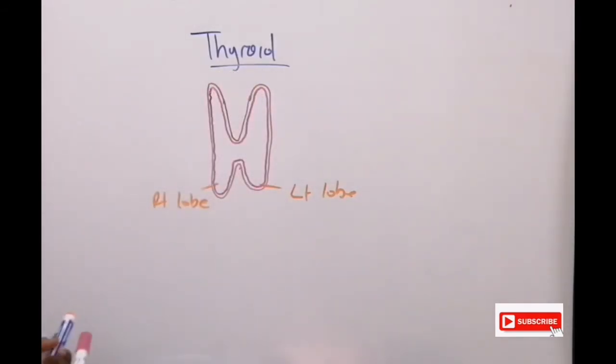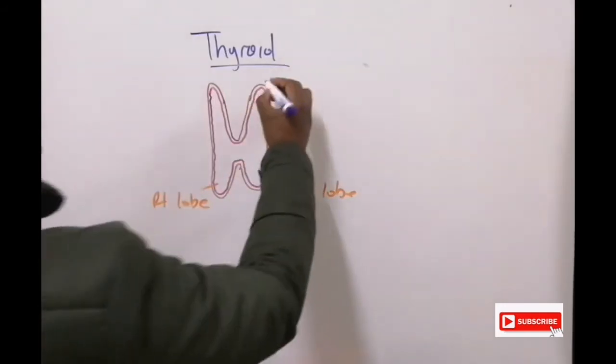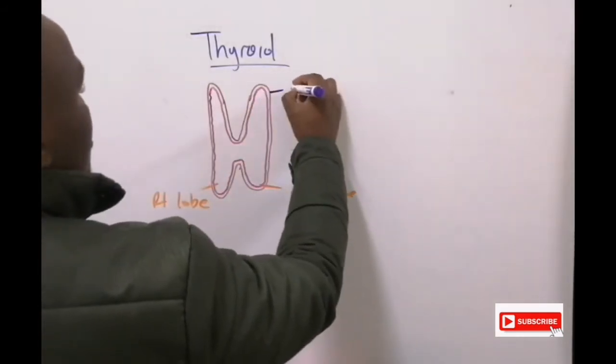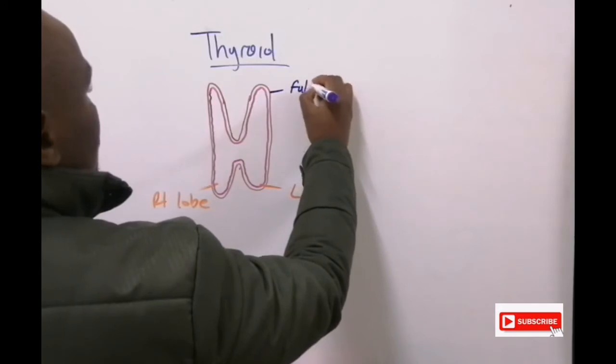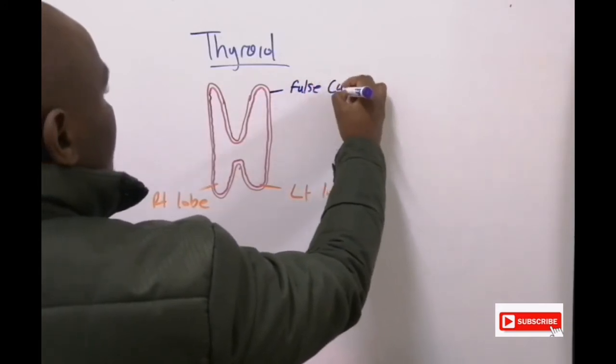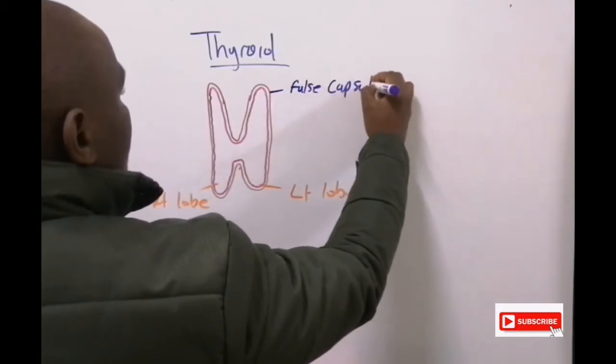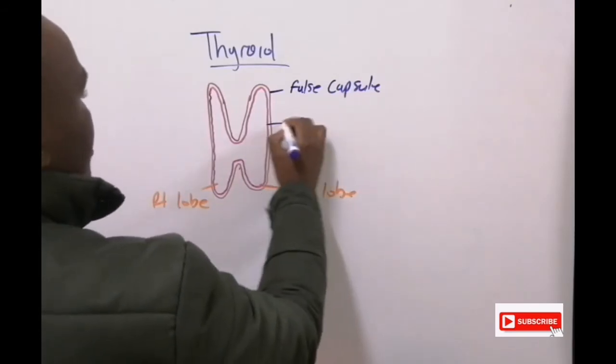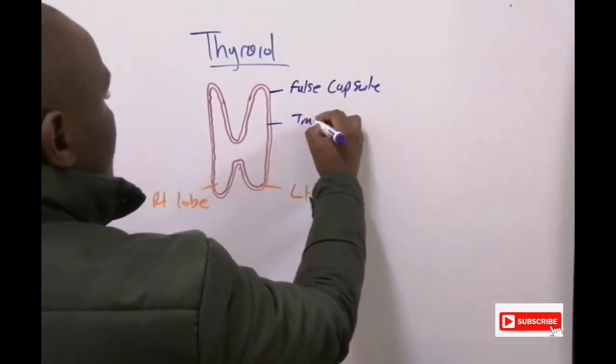The outer one is, like I said, also called the false capsule, and the inner is called the true capsule.